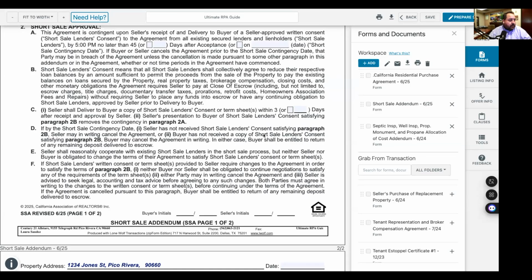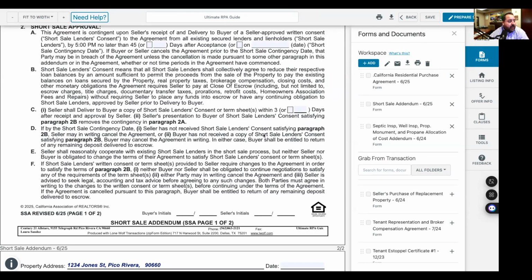If short sale lender's written consent or term sheet provided to seller require changes to the agreement in order to satisfy the terms of 2B, neither buyer nor seller shall be obligated to continue negotiations to satisfy any of the requirements of the term sheet. Either party may in writing cancel the agreement, and seller is advised to seek legal, accounting, and tax advice before agreeing to any such changes.